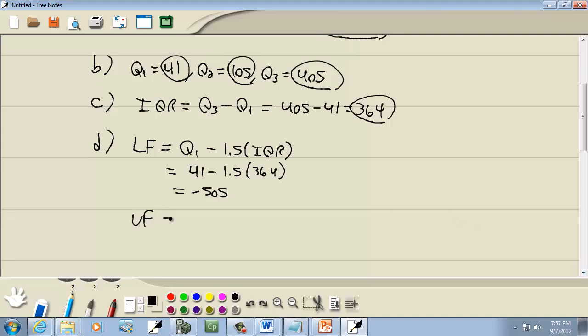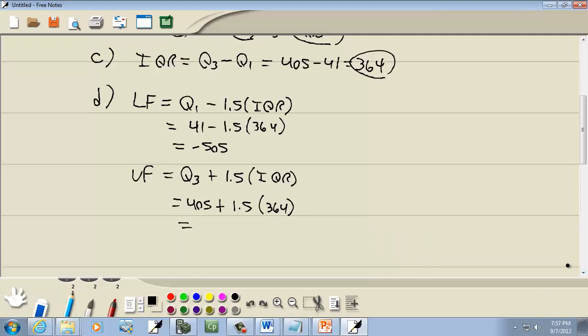Then we'll do our upper fence. Upper fence is Q3 plus 1.5 times IQR. Now Q3 was, what was it, 405, plus 1.5 times 364. So I got 951.